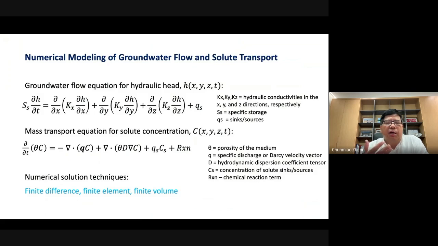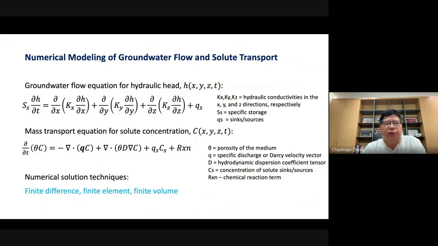Basically it is a second order partial differential equation. And the key parameters are hydraulic conductivity, which is the ability of rock formation to transmit water, and also the storage coefficient, specific storage. So that's the first equation.